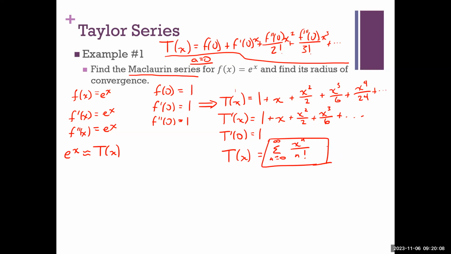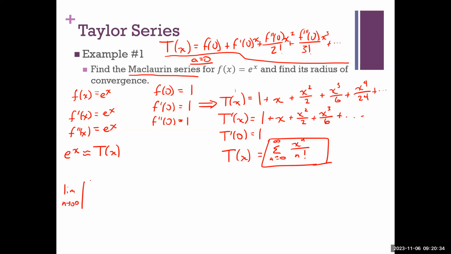Now what I would like to do is figure out if this approximation is any good. So I would like to find out where it converges. So how can we find that out? Do the ratio test. The thing we've built is a power series. We've just done it in a very specific way.